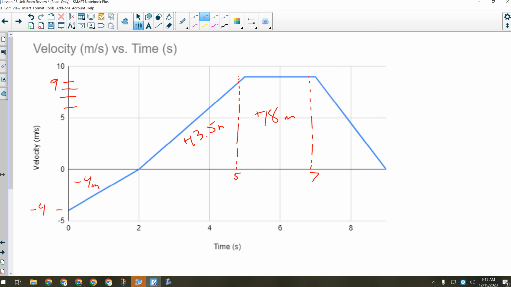And then this one here, 9 by 2 divided by 2 is 9. Okay, meters. So 27, 40.5, and positive 36 meters.